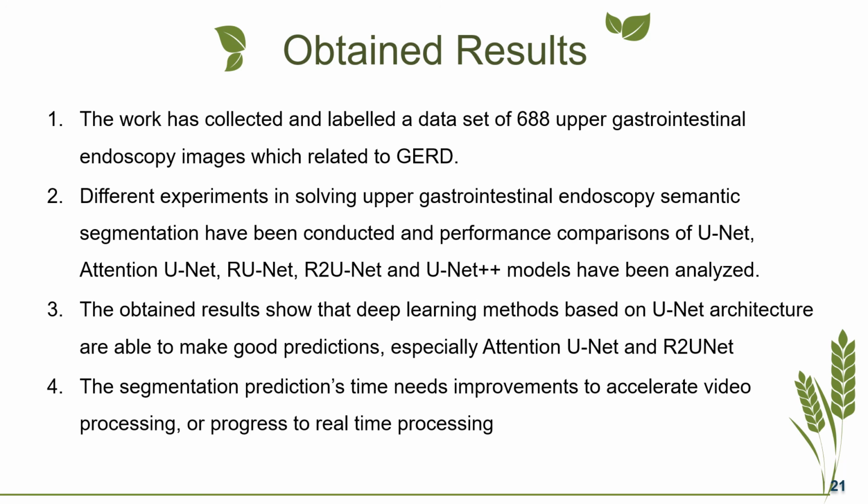Third, the obtained results show that deep learning methods based on UNet architecture are able to make good predictions, especially Attention UNet and R2 UNet. Finally, the segmentation prediction time needs improvements to accelerate video processing, or progress to real-time processing.